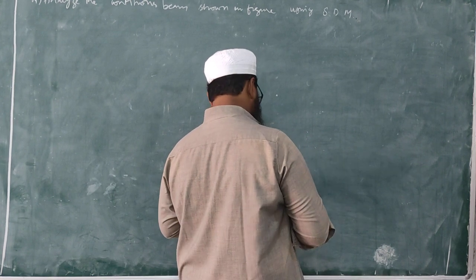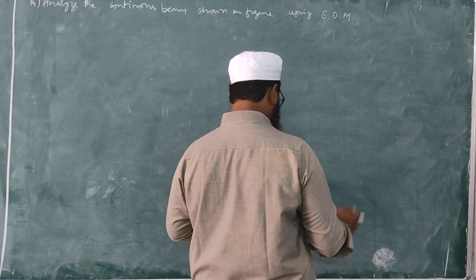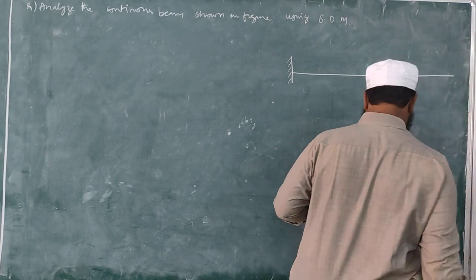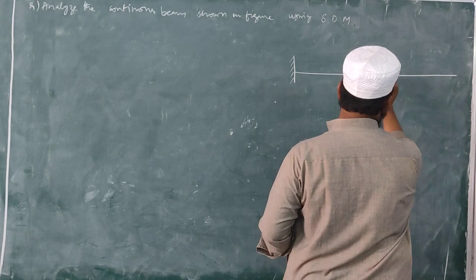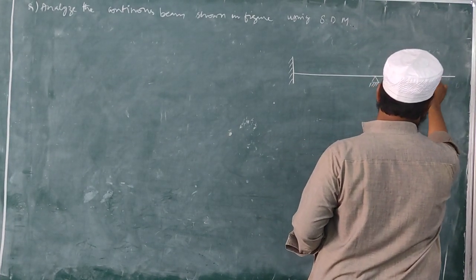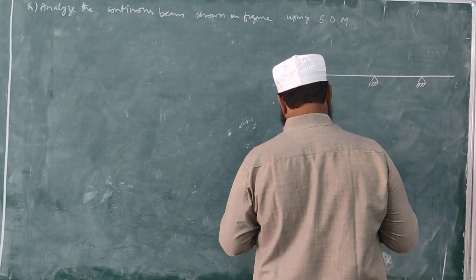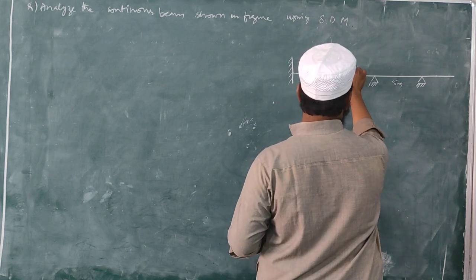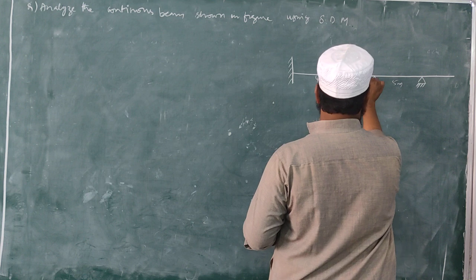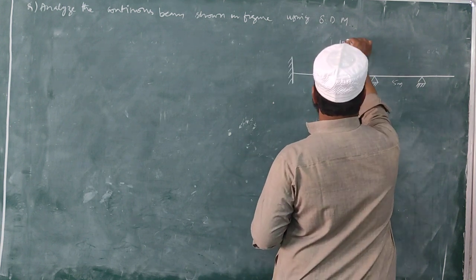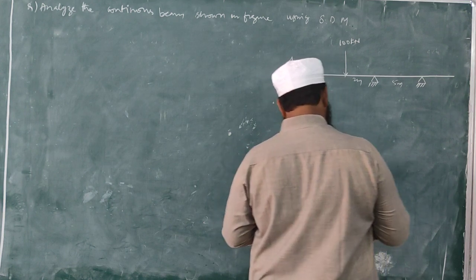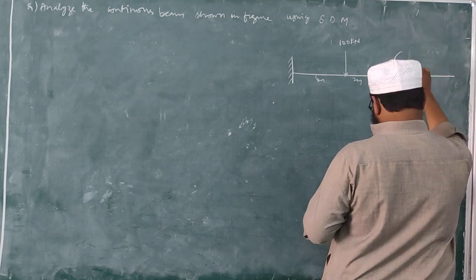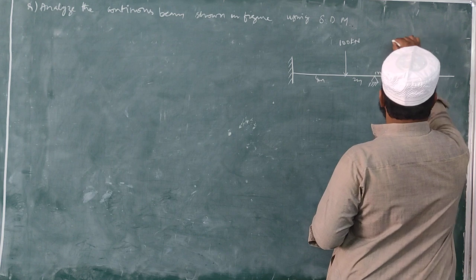The beam is a continuous beam wherein we have two supports, and this is 5 meters, and we have one load here which is at 4 meter and 2 meter, and this is 100 kilonewton, and even we have a UDL of intensity 20 kilonewton per meter.